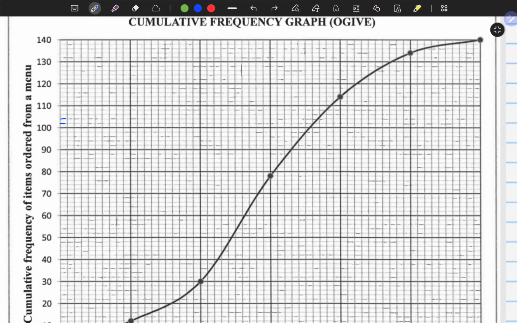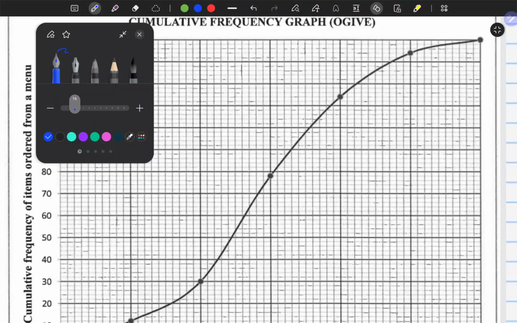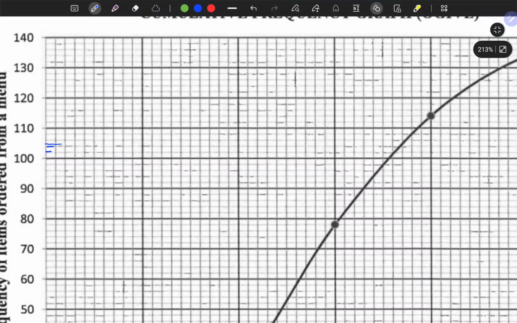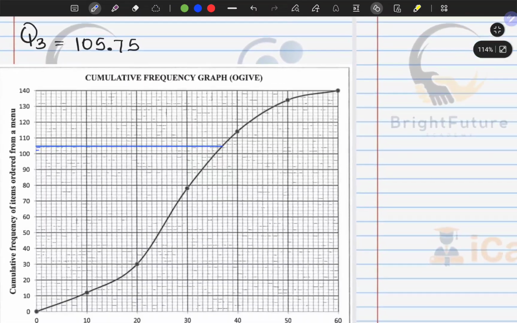Then this will be 106, 108, and then 110. So we need to look somewhere here, right about here. Just move in the middle until we get there.